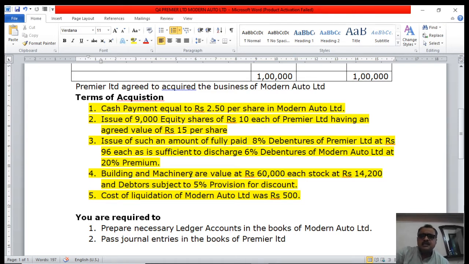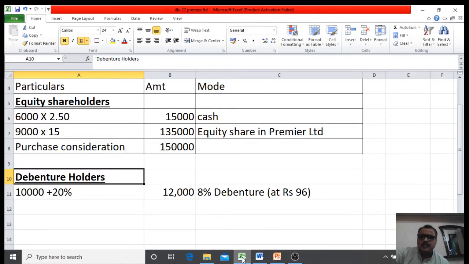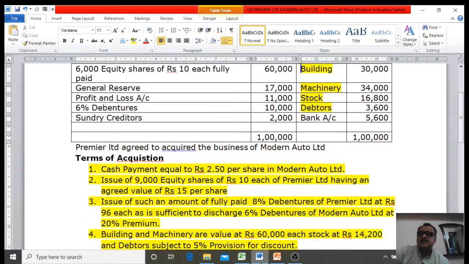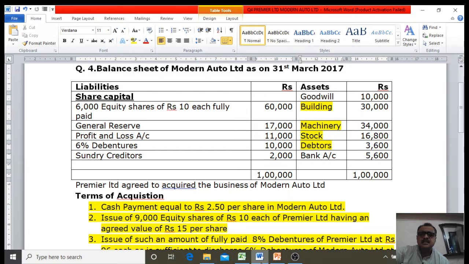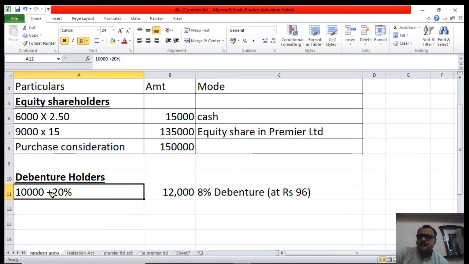That means 20% we have to pay extra to them. So the value of debenture in the balance sheet is 10,000. We take that 10,000 plus 20% extra, so that comes to 12,000.